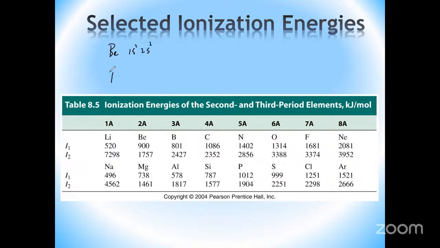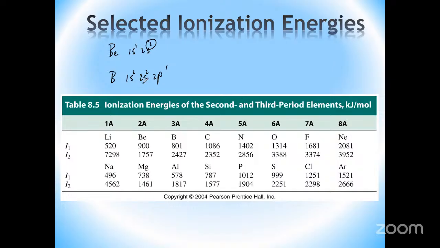Whereas the electron configuration of boron is 1s2, 2s2, 2p1, all right? So in order for you to get 1 electron removed from beryllium, you'd have to remove an electron from the 2s orbital here, right? So one of these 2 electrons will be removed in order for you to expend your first ionization energy.